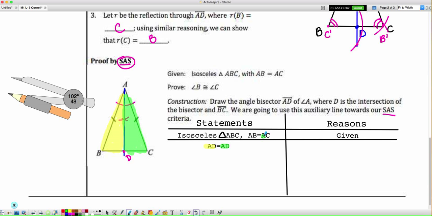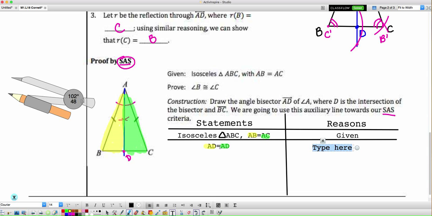Also here, AC was on my green triangle. It was this side. And then AB was from my yellow triangle. So we've got two pairs of sides already labeled. My reason for that being true, anytime something equals itself, that's the reflexive property. And then I can draw my next line.